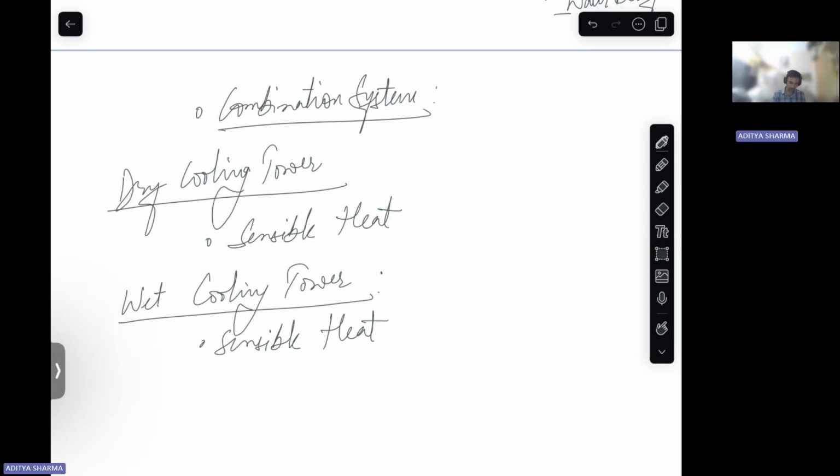So sensible heat, then there is evaporation. Evaporation also leads to cooling of the circulating water, right? So this is how you differentiate. This is the point at which these two cooling towers differ, right?